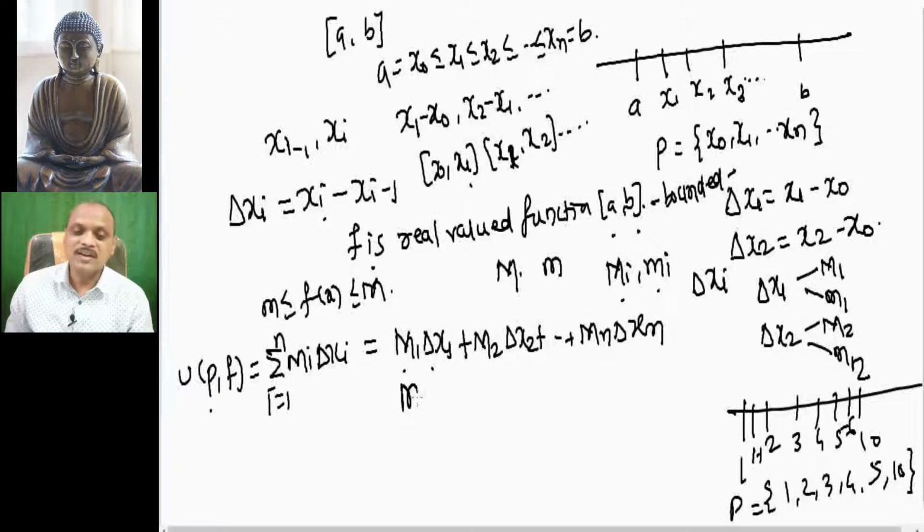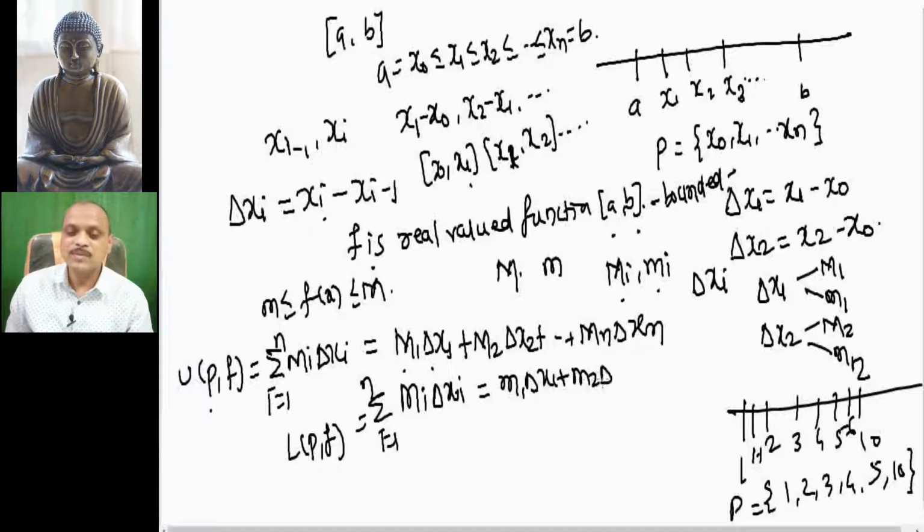Similarly, we can take the lower sum, small mi into delta xi, summation i equal to 1 to n, and we call it the lower sum. What is this? Small m1 into delta x1 plus small m2 into delta x2 plus small mn into delta xn. So this is the lower sum over the partition P.